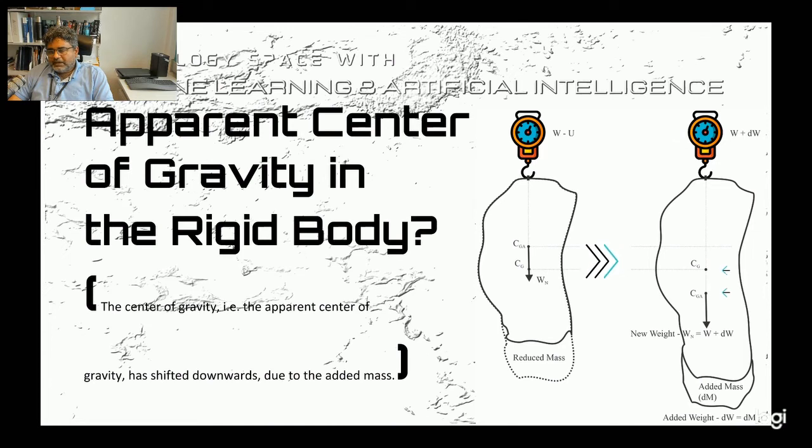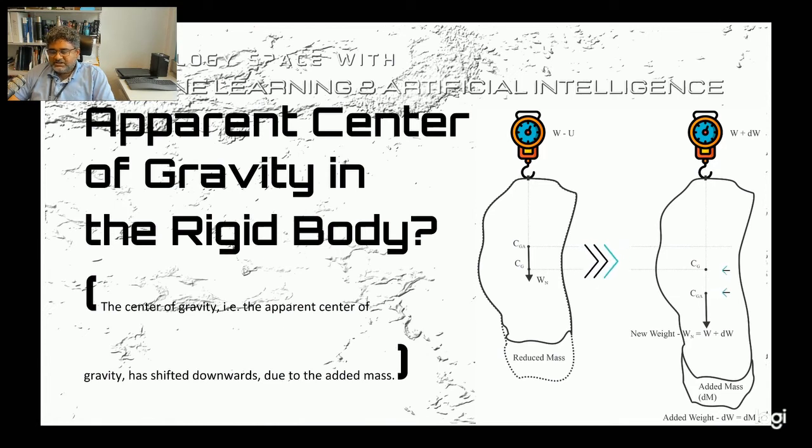I have mentioned that the center of gravity of this rigid body has shifted due to that added mass. So this is the point where we can also discuss the center of gravity variation due to the added mass as well as the reduced mass. You can imagine in the reduced mass situation, the center of gravity has shifted away from the reduced mass. In the added mass case, the center of gravity is moved towards the added mass.